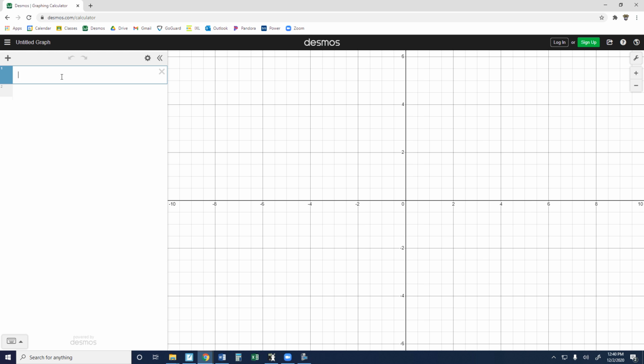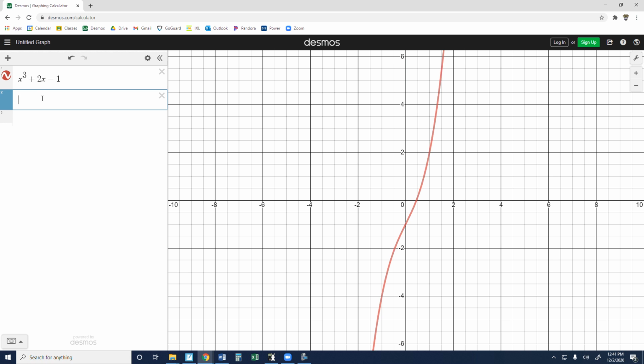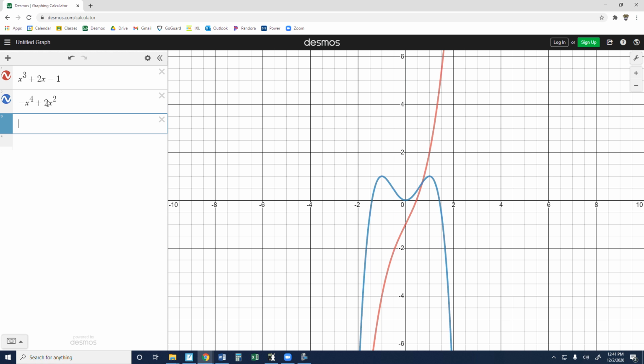So I'm going to go ahead and make a polynomial. Let's call this one x cubed plus 2x minus 1. It's my polynomial. And let's make another polynomial. Let's make this negative x to the 4th plus 2x squared. And that's good. Let's make another polynomial.